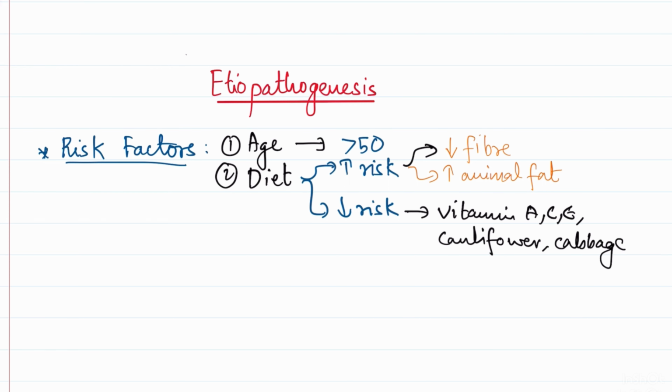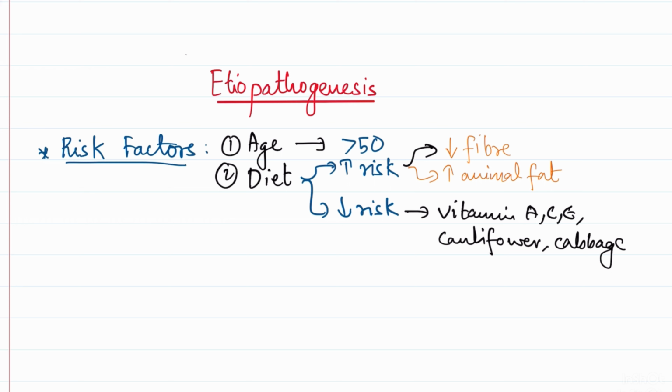Why do the fibers decrease the risk and animal fats increase the risk? So the mechanism is that the dietary fibers are responsible for the bulk of the stool. When the dietary fibers are reduced, what happens is that our stool goes really slowly through the colon. So it will take a lot of time for the stool to pass. When the stool is retained inside our colon, there are colonic bacteria, right?